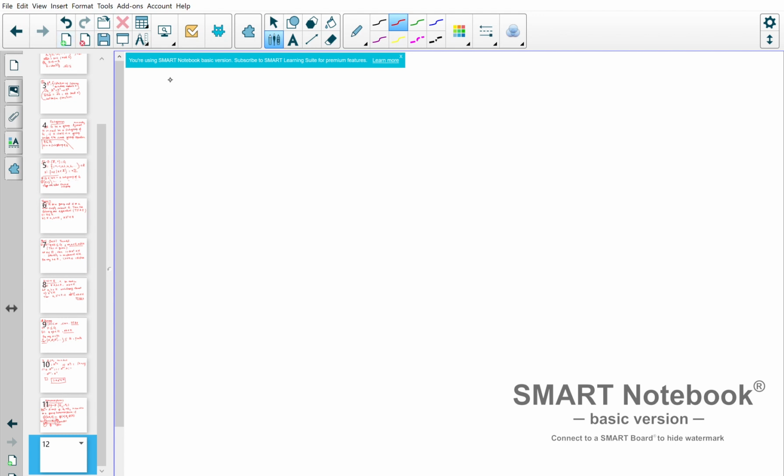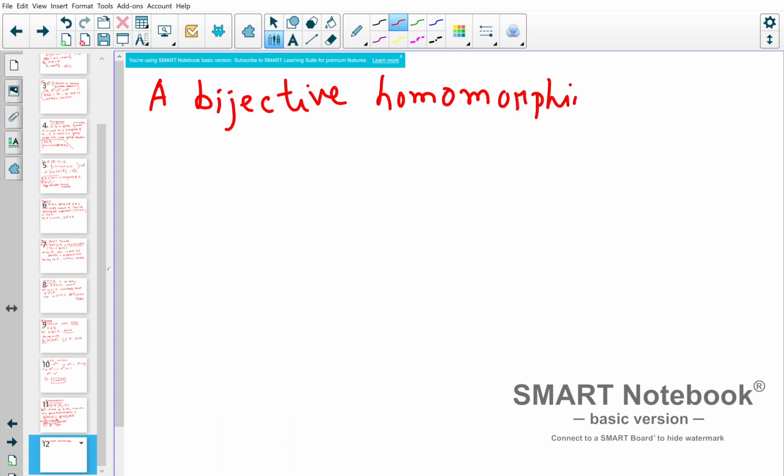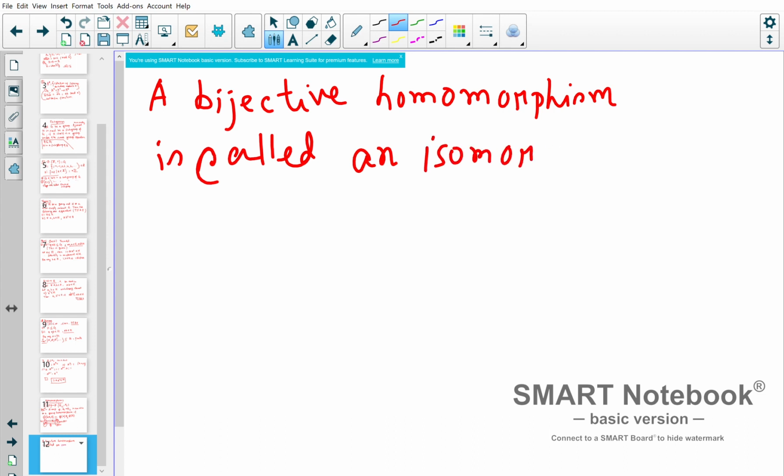Okay, and there is a particular nice homomorphism. A bijective homomorphism is called an isomorphism. Okay, isomorphism. So what is that?